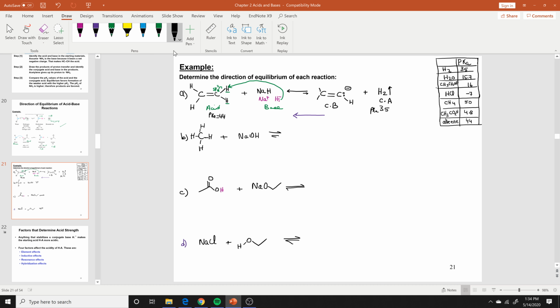Now I know this hydrogen is not very acidic, but see what I have over here. I have an Na plus and an OH minus, which forces me to consider this as a base because it has a negative charge. It is a strong base. This means that this hydrogen is going to be my acidic hydrogen. Notice what I told you. This is not a very acidic hydrogen over there. So probably the direction of equilibrium is going to be towards the reactants, not going to proceed as written.